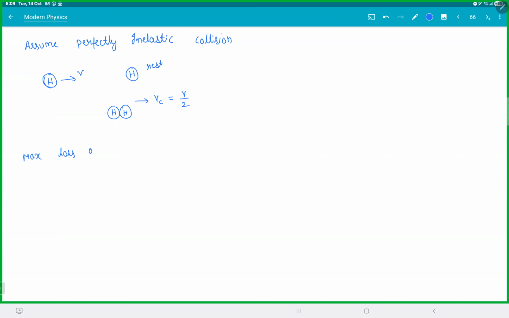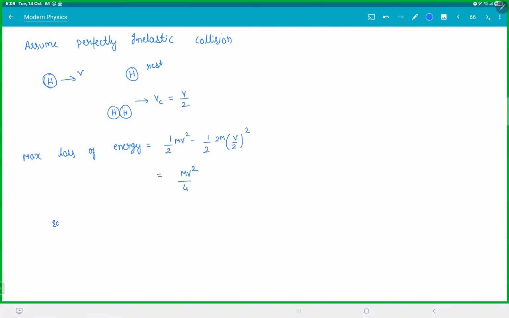So in this scenario, we get a maximum loss of energy, which will be half mv square minus half 2m (v by 2) whole square. This turns out to be mv square by 4.